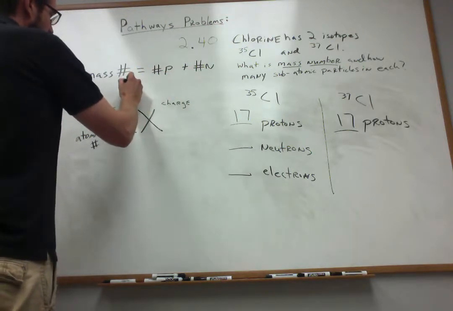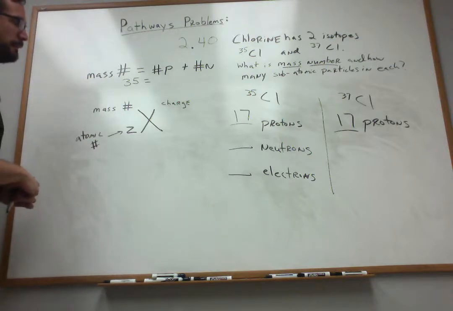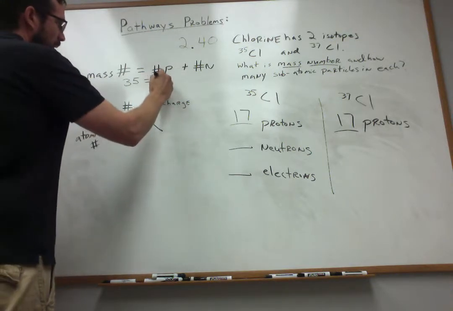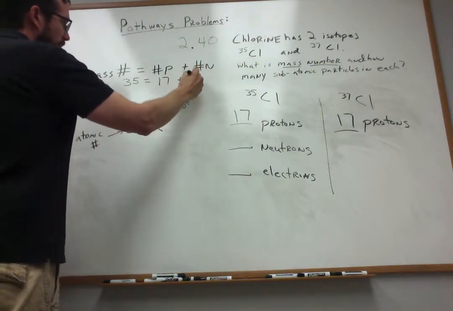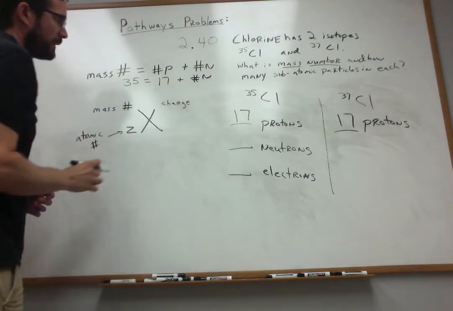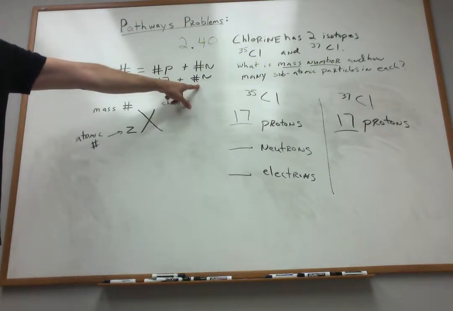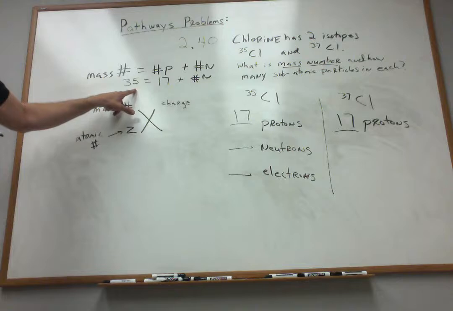So if my mass number is 35 for this particular isotope of chlorine, and I know that I've got 17 protons, because that's what makes it chlorine, then I have to find the number that makes this equality work.